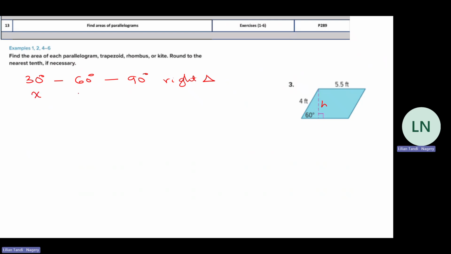If this is x root 3, and this is 2x, this is 2x, okay?